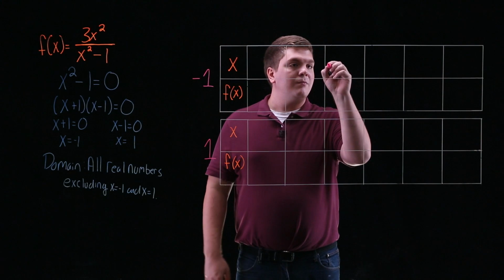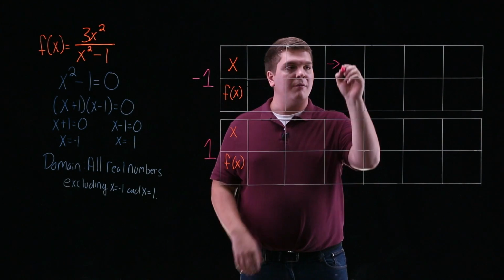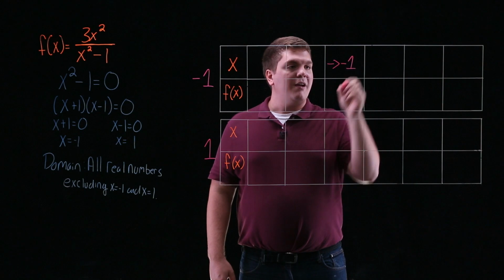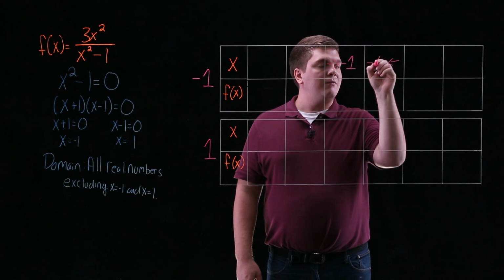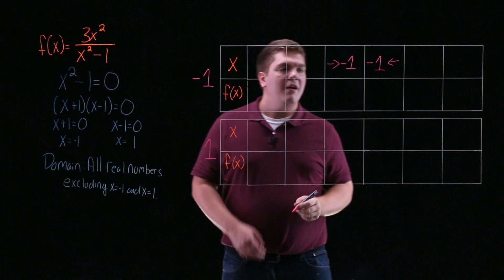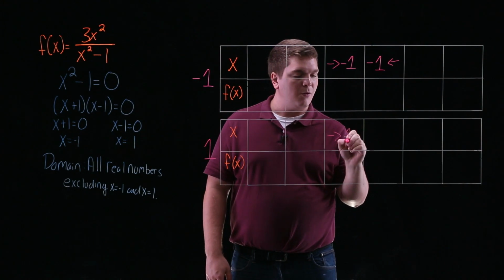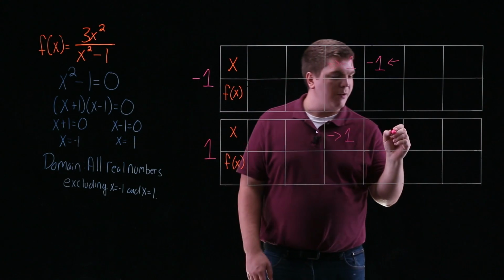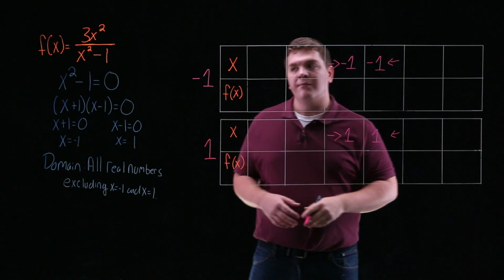So in this top table, we want to think about what happens as x approaches negative 1 from the left, and what happens as x approaches negative 1 from the right. And down here, what happens as x approaches 1 from the left, and what happens as x approaches 1 from the right.